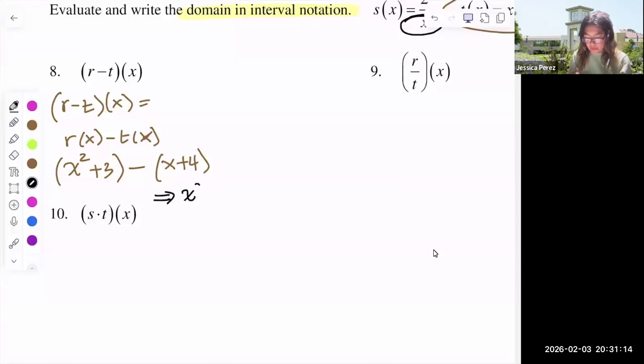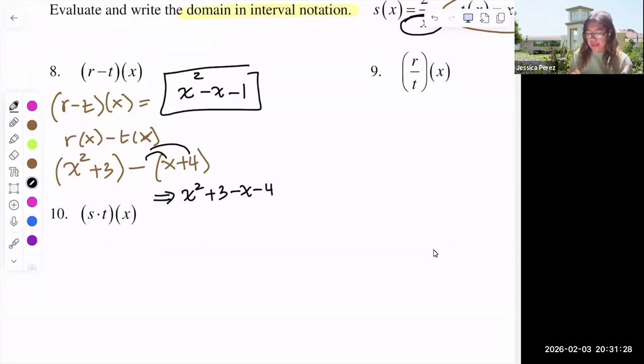So we have x squared plus 3 minus x minus 4. If we rewrite that, that's an x squared, and then we have minus x, and then we have a minus 1. Well, we have a quadratic. That means that the domain of that quadratic will also give us all real numbers. So we evaluate it, and we also write the domain of the function.